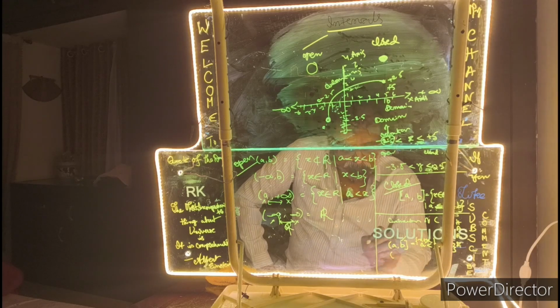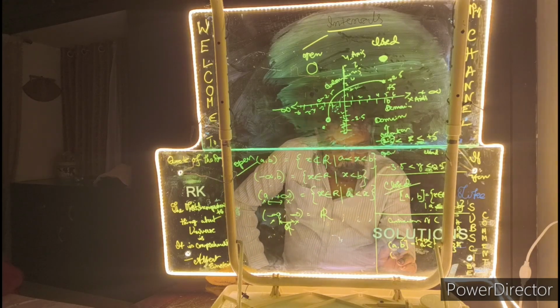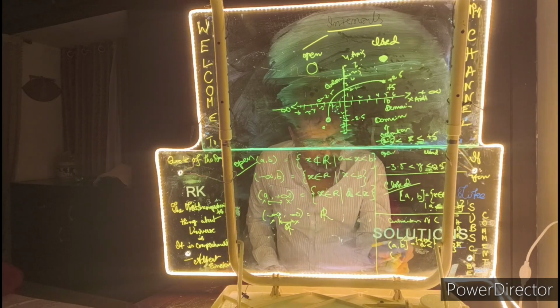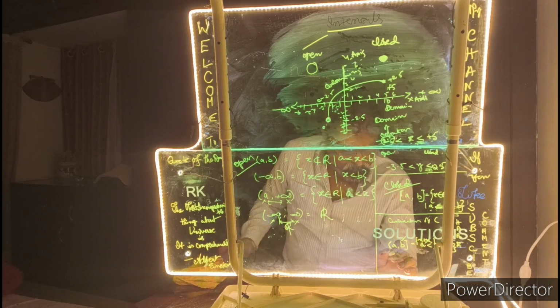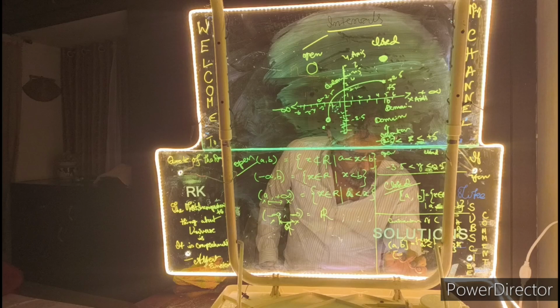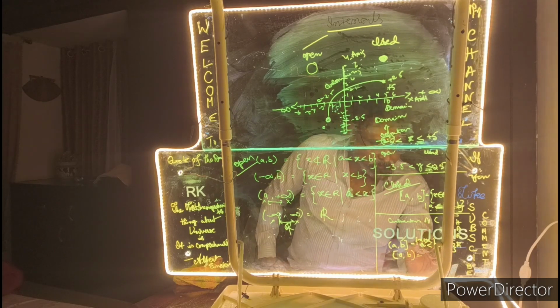On the other hand, let's say the very opposite of this. What would it be? It will be square bracket a, b, ordinary bracket.